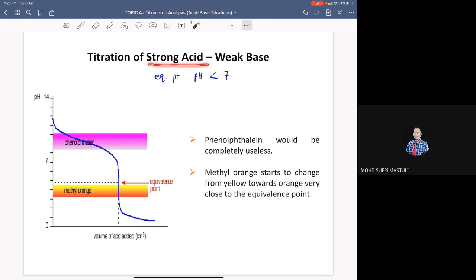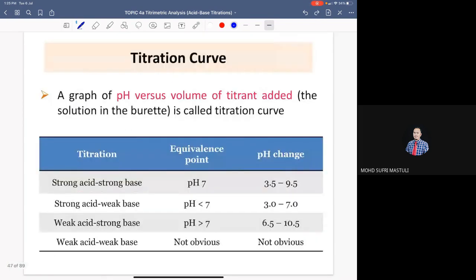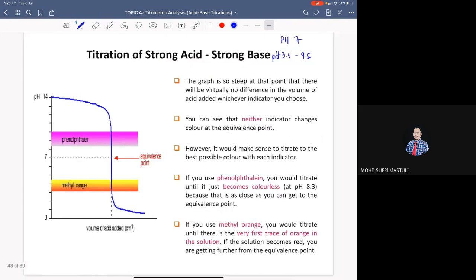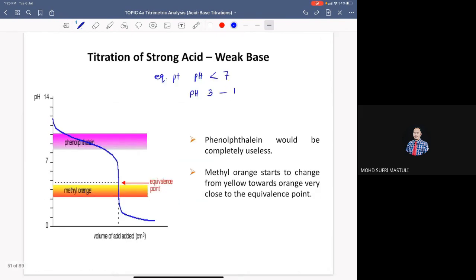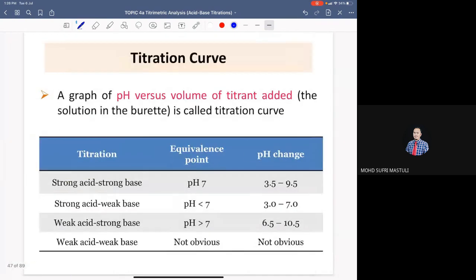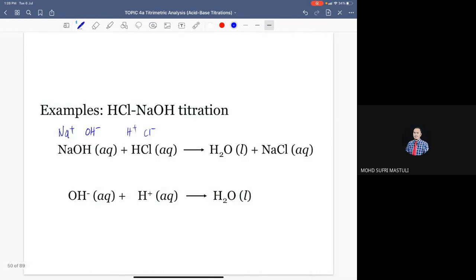So the pH range is about, for strong acid, I think it's about 3, until the weak base, which is not 10, it's less than 10. Weak base is about 7 because it's a weak base. So about 7. So 3 until 7. Okay. All right.